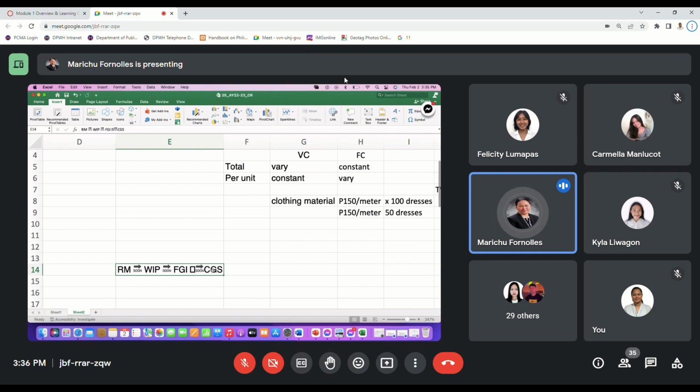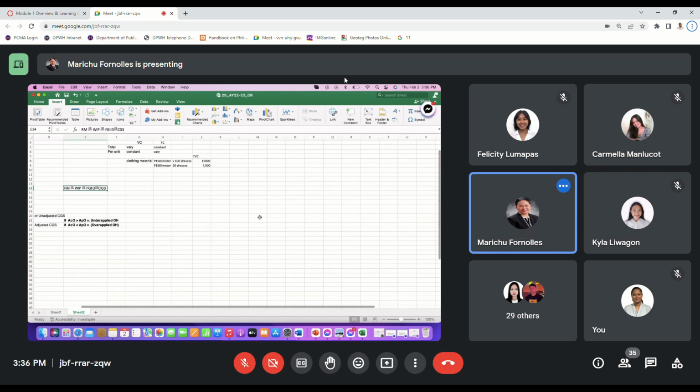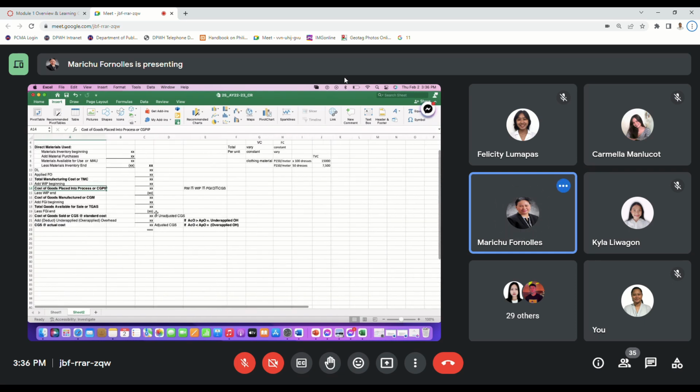Okay, so let us now go back to our cost of goods sold statement. From the materials available for use, deduct the materials inventory, if direct materials used is what is to be computed. You can also, if there are indirect materials used included in materials available for use, remove them.